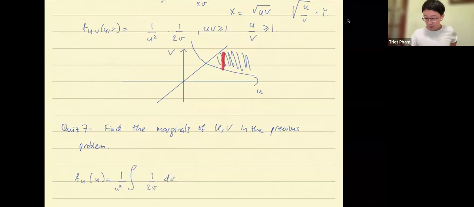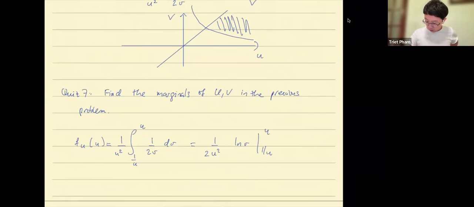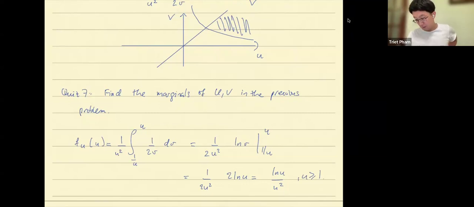V goes from 1 over U to U. Which means you get 1 over 2U squared, log V, from 1 over U to U. That's 1 over 2U squared, log U minus log of 1 over U, so 2 log U. So it's log U over U squared, where U is greater than 1.